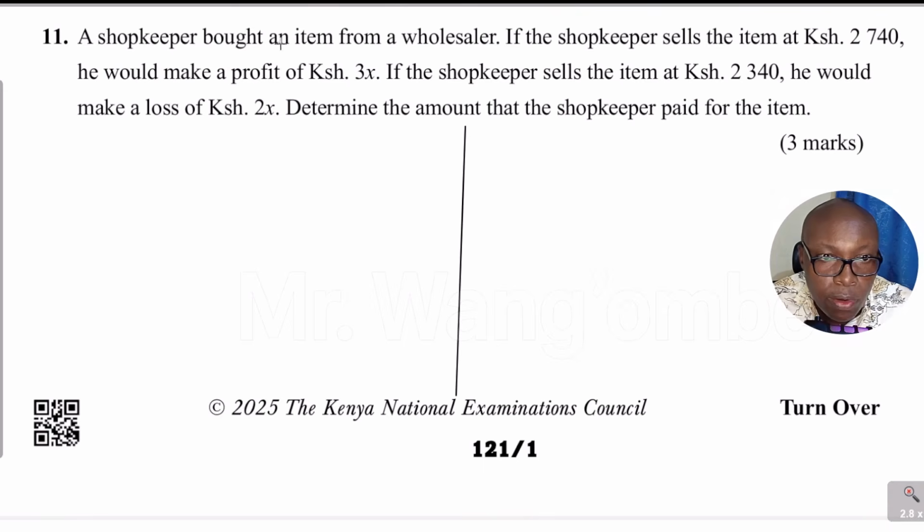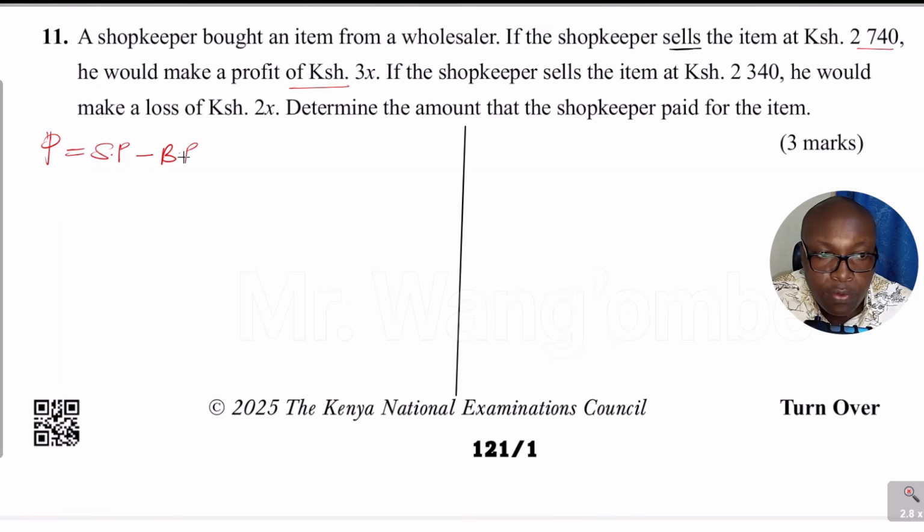So the shopkeeper bought an item from the wholesaler. If he sells the item for 2740, he would make a profit of 3x. So how do you get profit? Remember, profit is given by the selling price subtract the buying price.